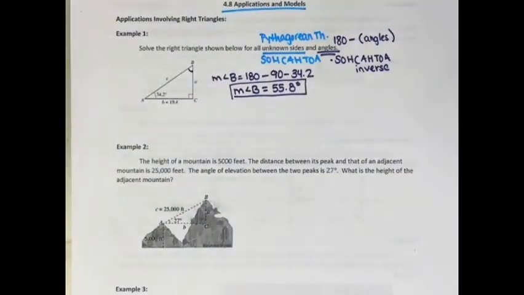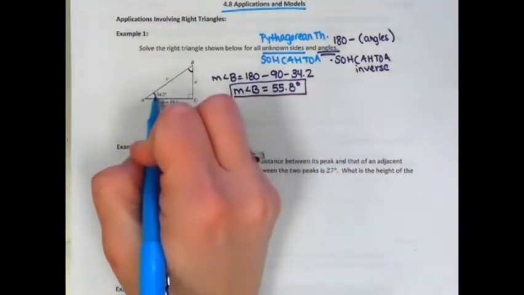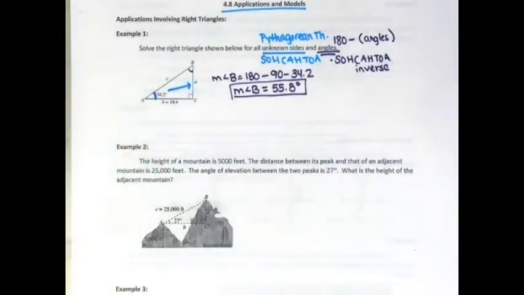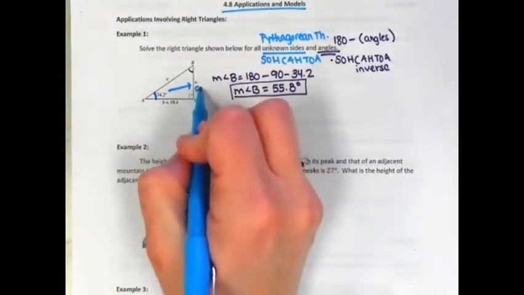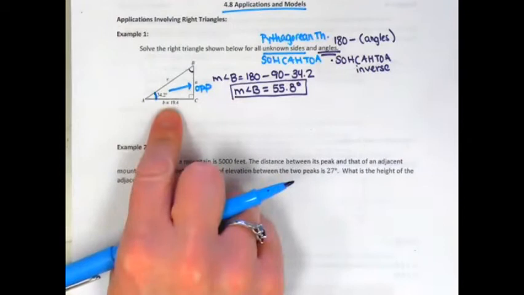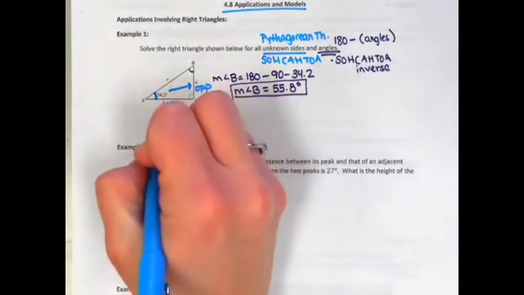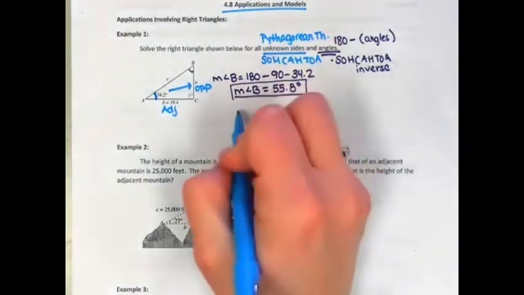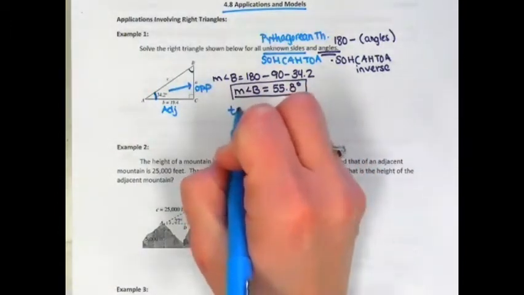All right. Now, looking at the missing side lengths, let's go ahead and find A first. Here's my angle. The A side is known as the opposite, and the B side that's given is my adjacent. So what uses opposite and adjacent? Tangent.